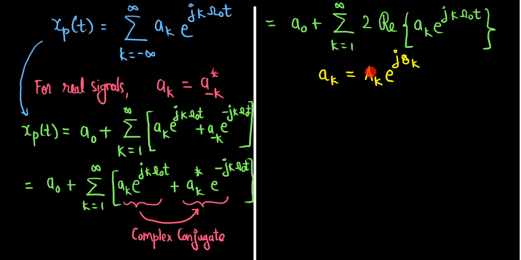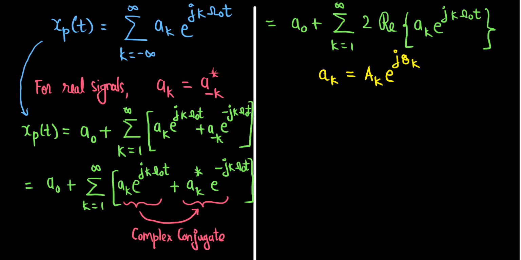There is a magnitude, capital Ak, and a phase, theta k. Just because ak is a complex number, it will have some magnitude as well as phase.